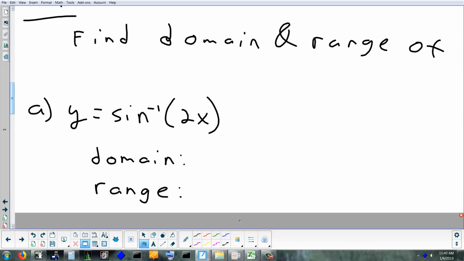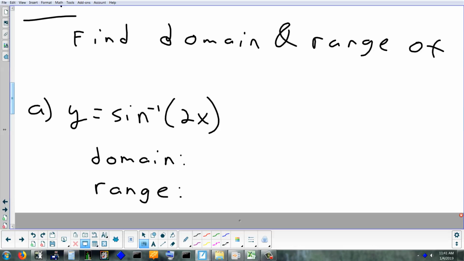Can someone remind me, what is the range for inverse sine? Again, if you can't remember the range of the inverse, think of the domain of the original. Yep. Negative 1. We're going to use that, but that's going to be for the other part.